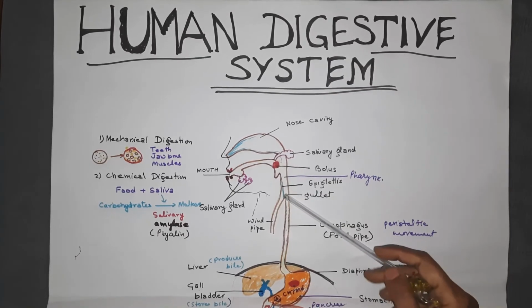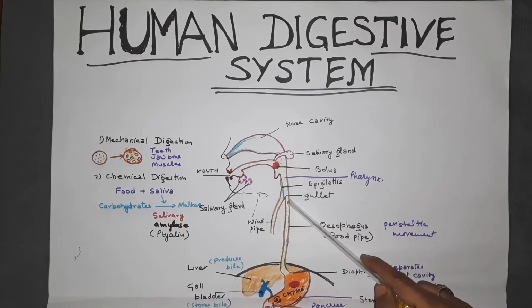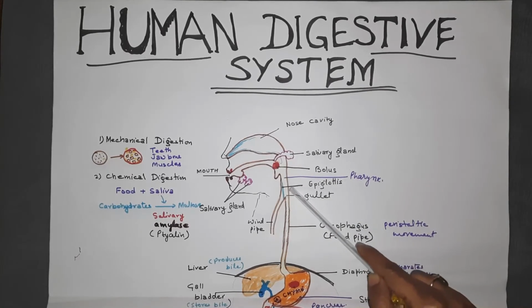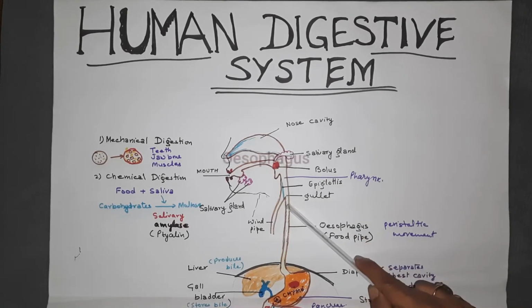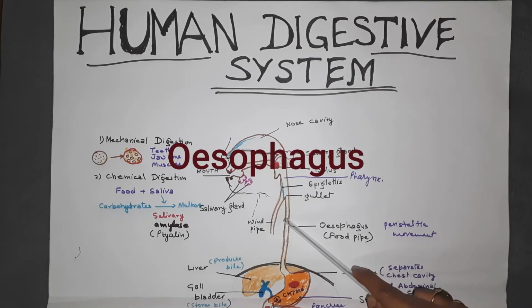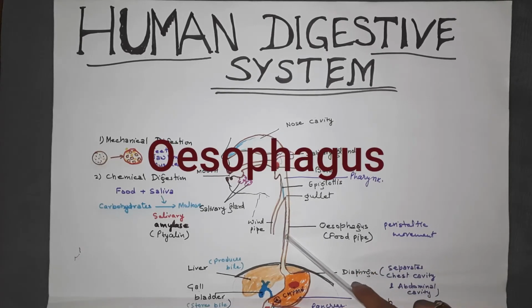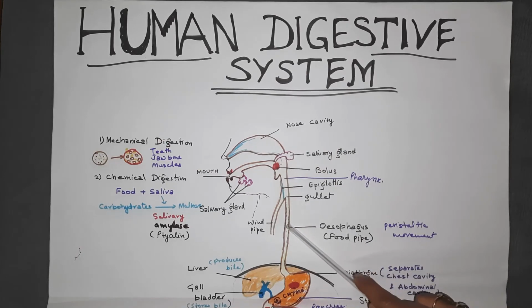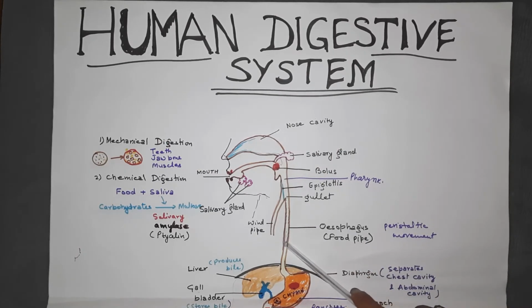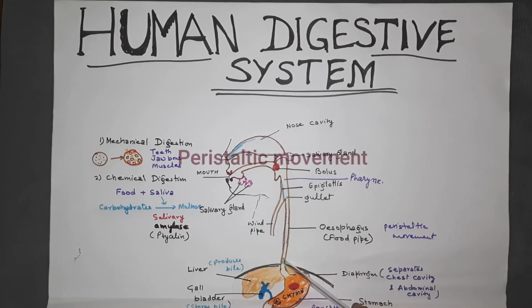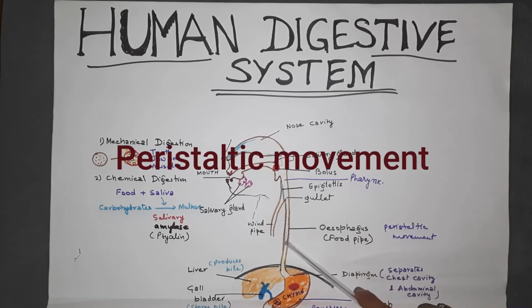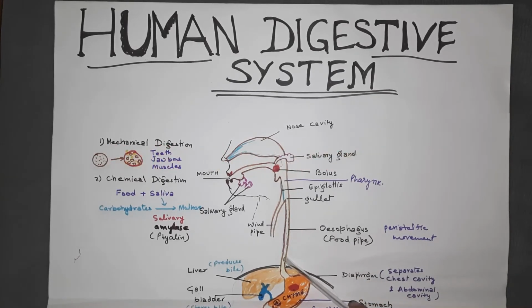When the epiglottis closes the windpipe, the only passage available to the swallowed food is the esophagus. Now when it moves into the esophagus, there is a kind of movement called the peristaltic movement.